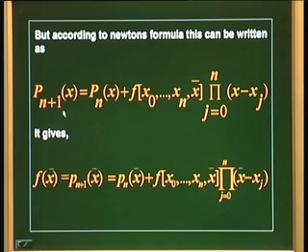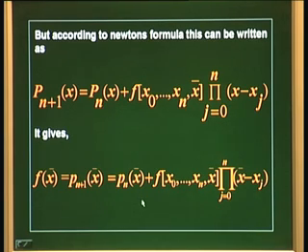Then we know that this polynomial Pn plus 1 will take the function value f of x bar there, so f of x bar would be Pn of x bar plus f of x0 to xn, x bar, times the product over j going from 0 to n of x bar minus xj.